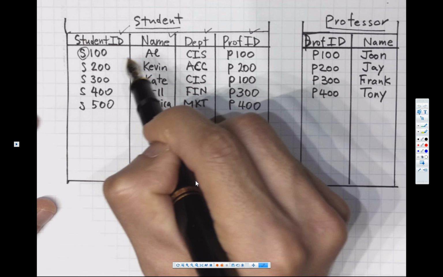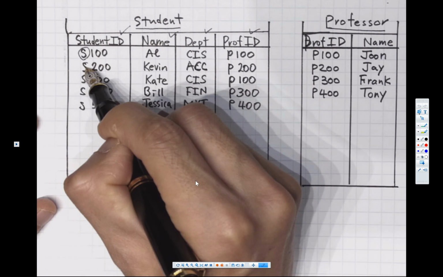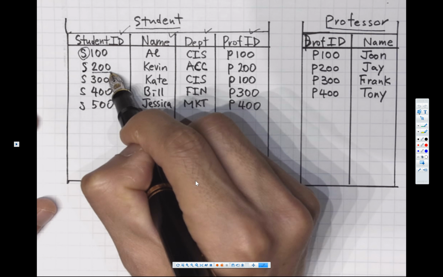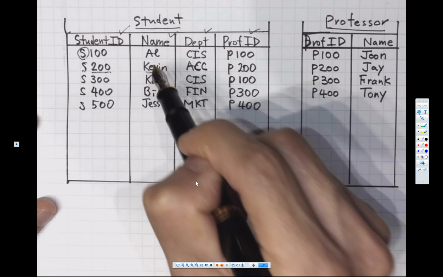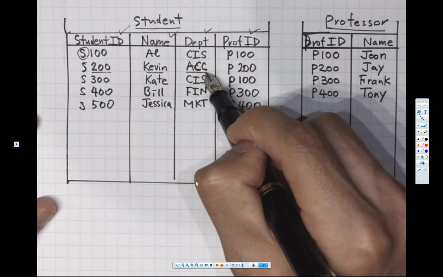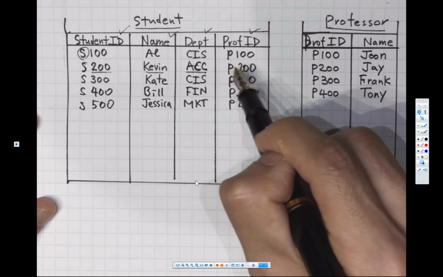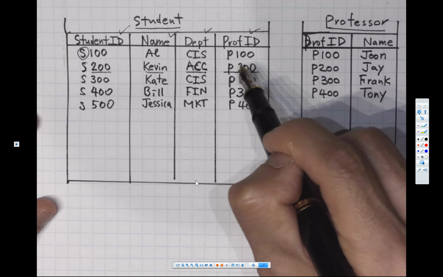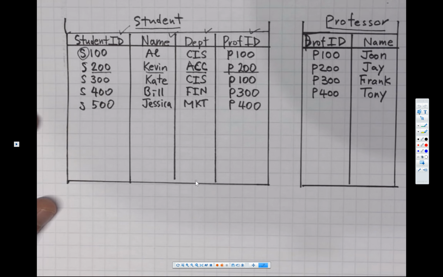And then we have another student, and his ID is S200. His name is Kevin, and his department is ACC, meaning accounting. And Kevin's advisor's ID, the professor ID, is P200. So P stands for professor, right?